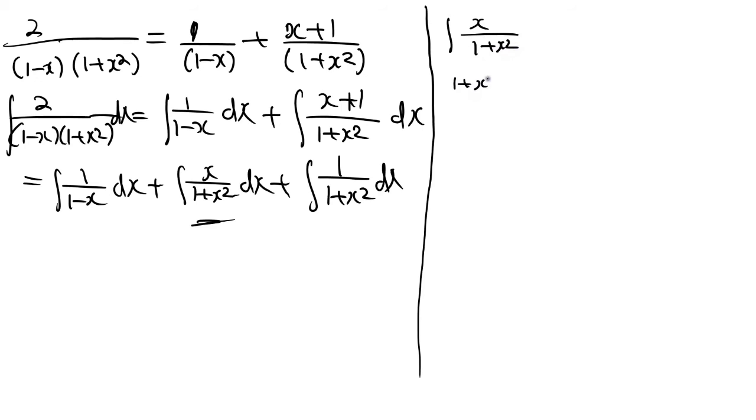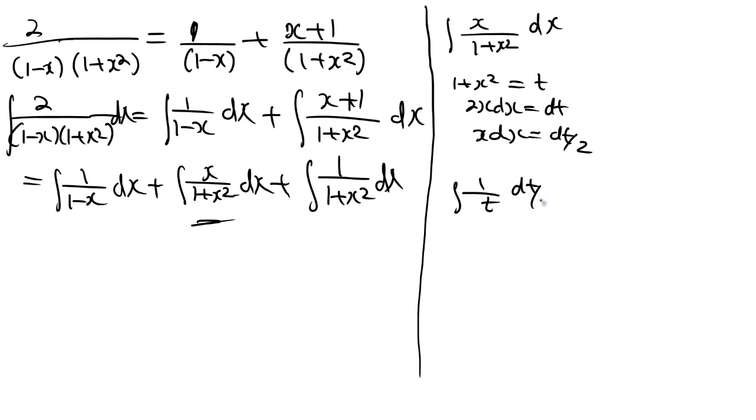Put 1 plus x square equal to t, 2x dx is equal to dt. So x dx value is equal to dt divided by 2. Substitute, what you will get, integration of 1 by t into dt by 2. We know it's equal to 1 by 2 into log of mod t. It's equal to 1 by 2 into log of 1 plus x square.